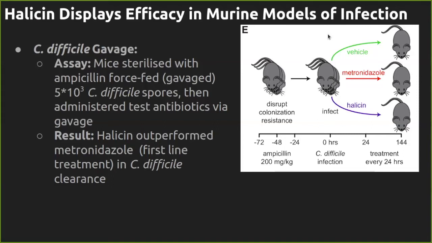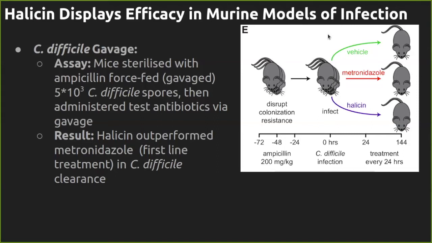So in this case, they sterilized the guts of these mice by giving them a course of ampicillin over a few days, then a day to recover. And then they force-fed them with 5 times 10 to the 3 C. difficile spores with a gavage, which I found out what that was. It's sort of a force-feeding tube, which is horrible.